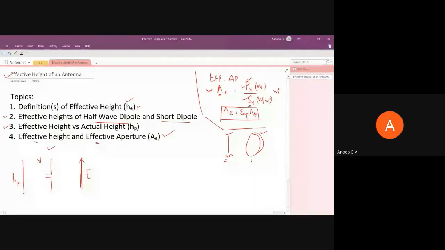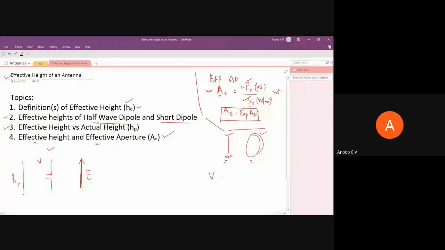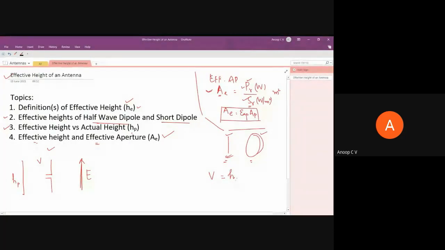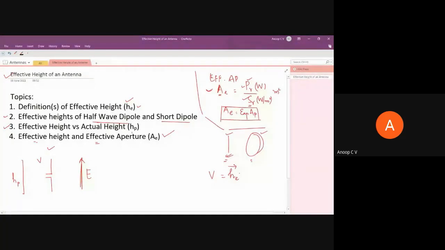That voltage can be expressed in terms of the effective height and the electric field of the antenna, so HE dot E.